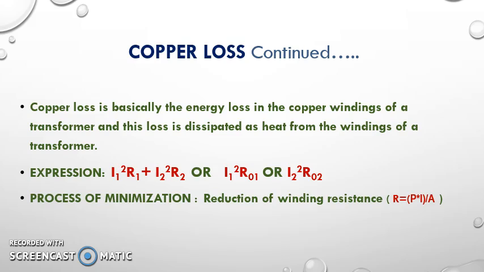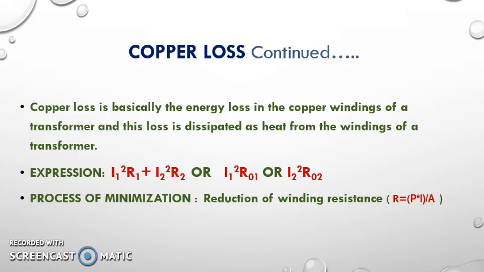As the name indicates, copper loss is naturally the loss inside the copper, that means the winding, because the winding is made of copper. So we can say copper loss is basically the energy loss in the copper windings of a transformer, and this loss is dissipated as heat from the windings of a transformer.